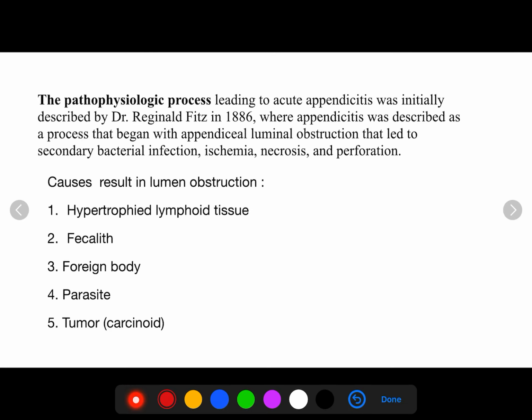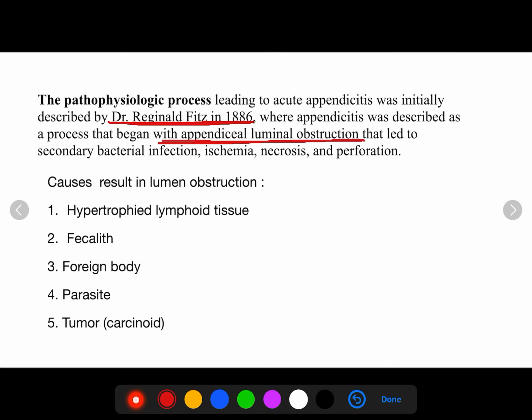The pathophysiological process which leads to acute appendicitis was described by Dr. Reginald Fitz in 1886, where appendicitis was described as a process that began with appendicular luminal obstruction. تبدي luminal obstruction. لما يصير luminal obstruction lead to secondary bacterial infection.